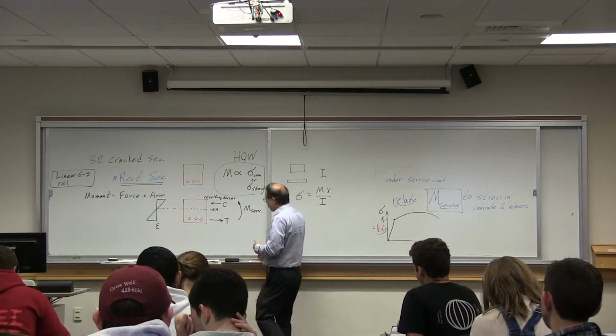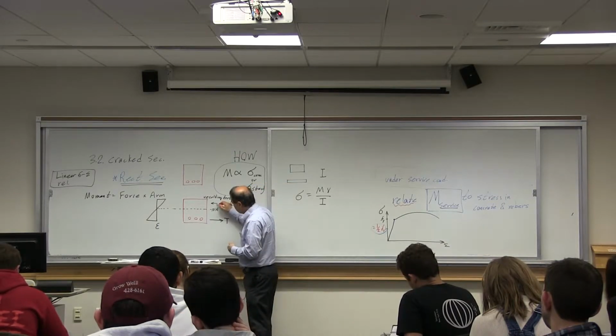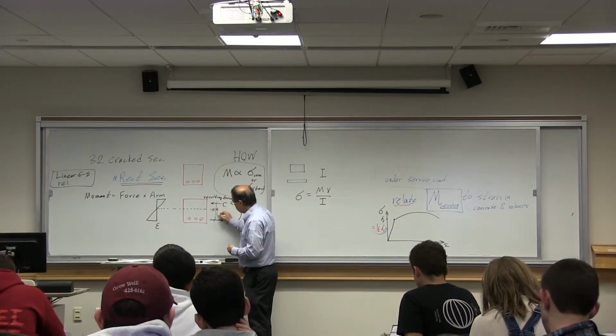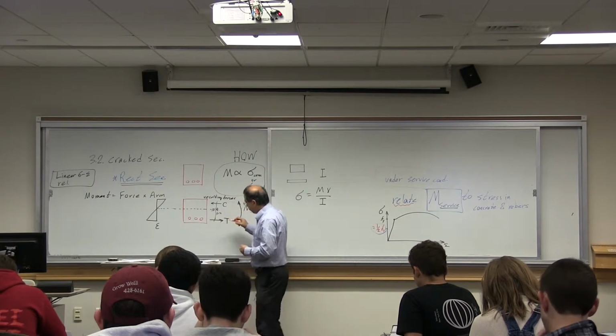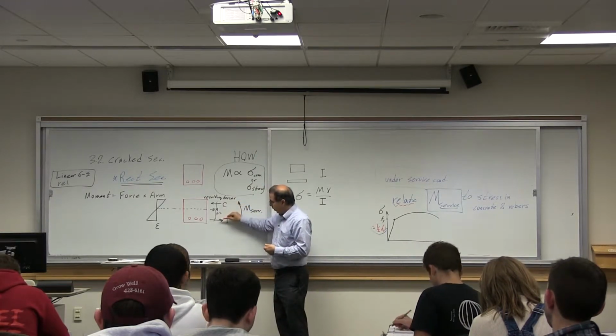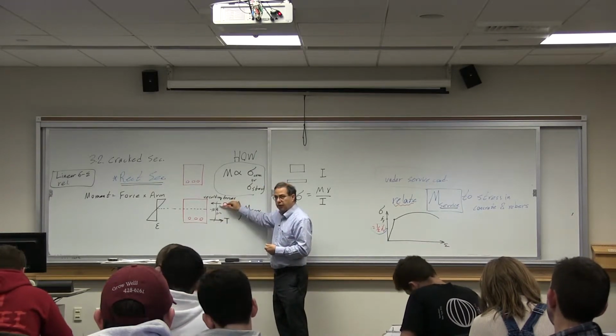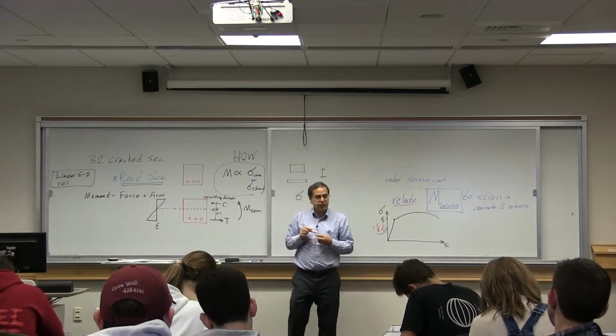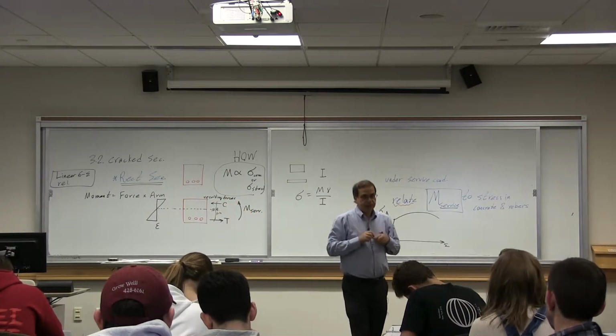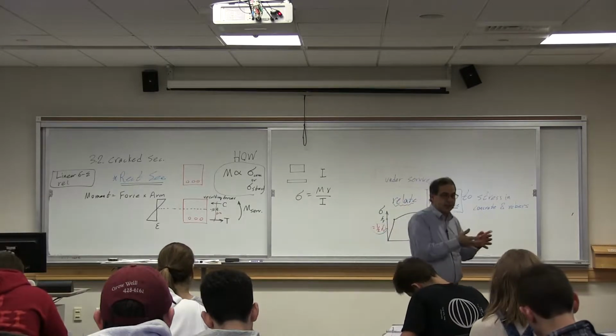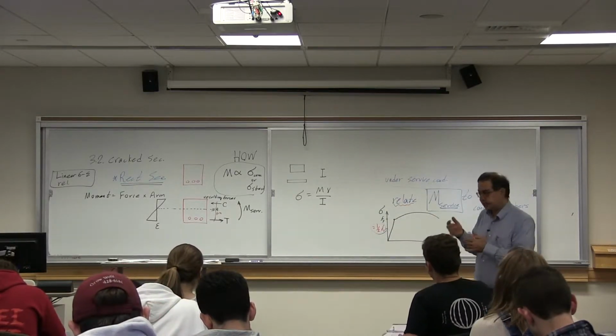The arm between these two forces, this is the arm. This force times this arm, or this force times this arm, is exactly equal to the moment. That's the way the section resists the moment.